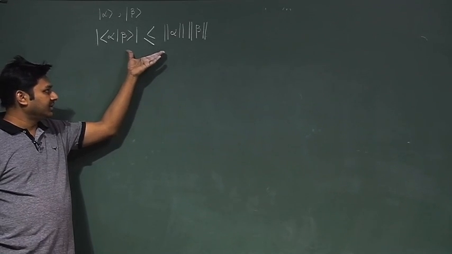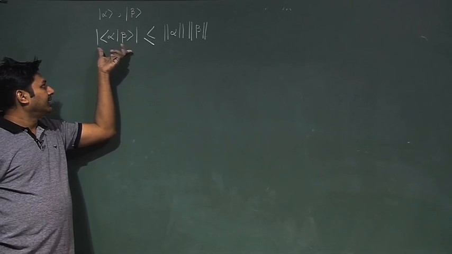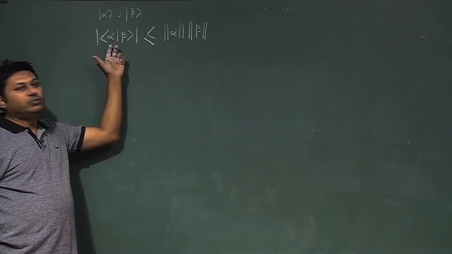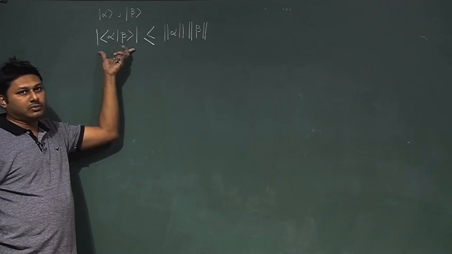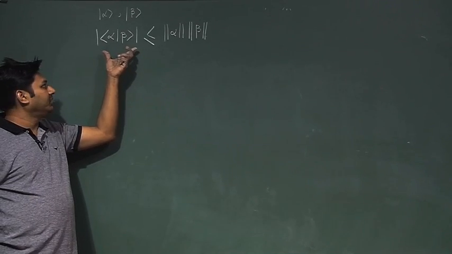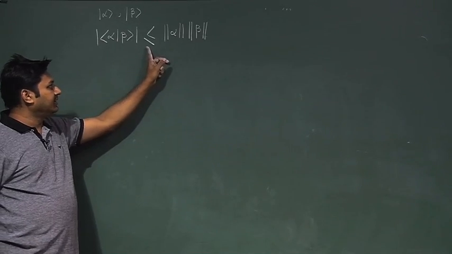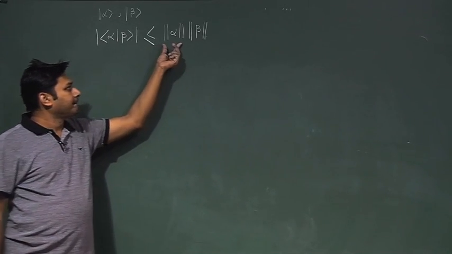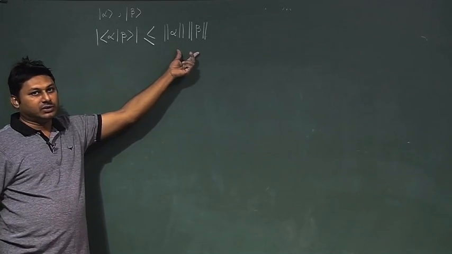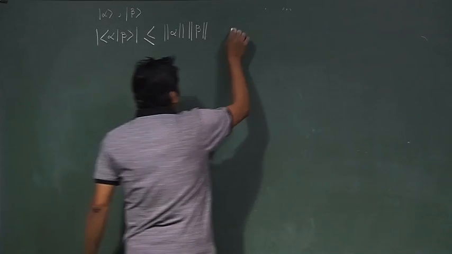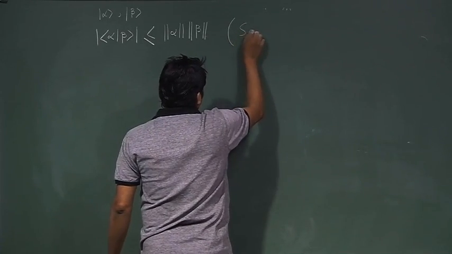This is the relationship these two vectors always follow: the magnitude of the inner product of two vectors is always less than or equal to the norm of one vector multiplied by the norm of the other. This is a famous inequality, called the Schwarz inequality.